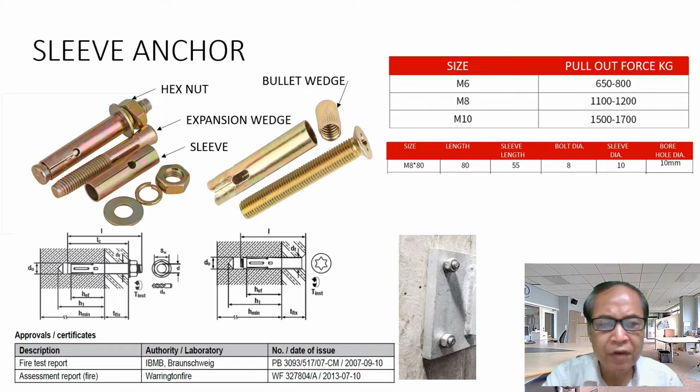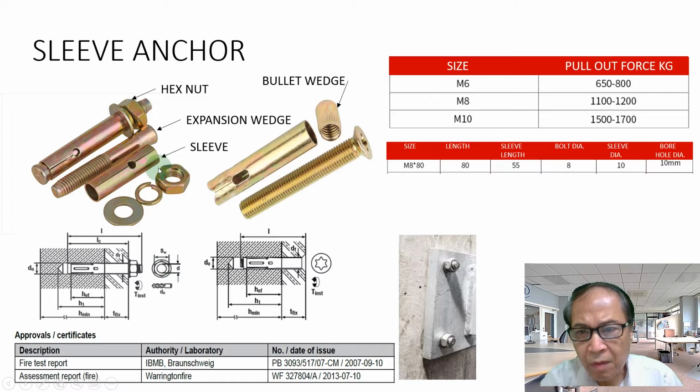We come to the sleeve anchor or the wedge anchor. The wedge, you see, this is the wedge. We pull out this core, and then this is the expansion sleeve. It's called a sleeve anchor or wedge anchor.